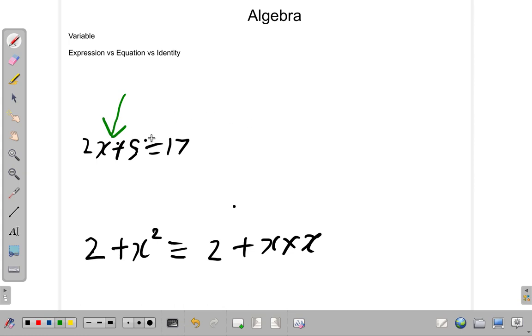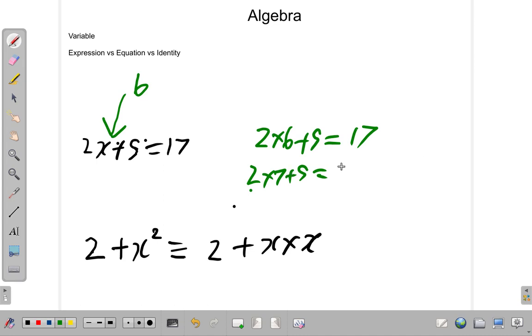If you put 6 there, then you would say 2 times 6 plus 5 equals 12 and 5, 17. I knew that that was so before. So 2 times 6 plus 5 is equal to 17. Suppose I try 7. 2 times 7 plus 5 equals 14, 16, 17, 18, 19. That is not equal to 17. That couldn't work.